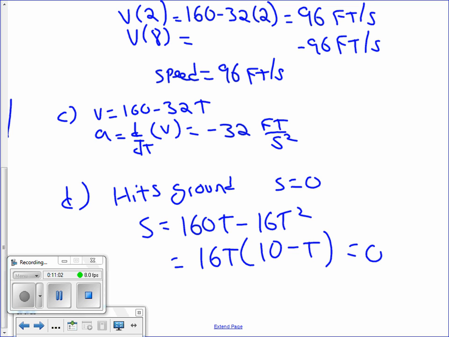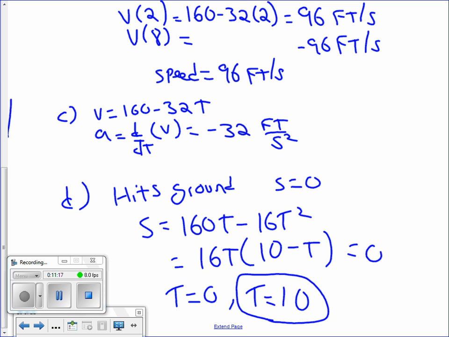So what are the two values of t for which the position is 0? 0 and 10. Which is the one that corresponds to coming back down and hitting the ground? The 10. It hits the ground after 10 seconds. You can't hit the ground in 0 seconds. Well, no, because that's when it starts.